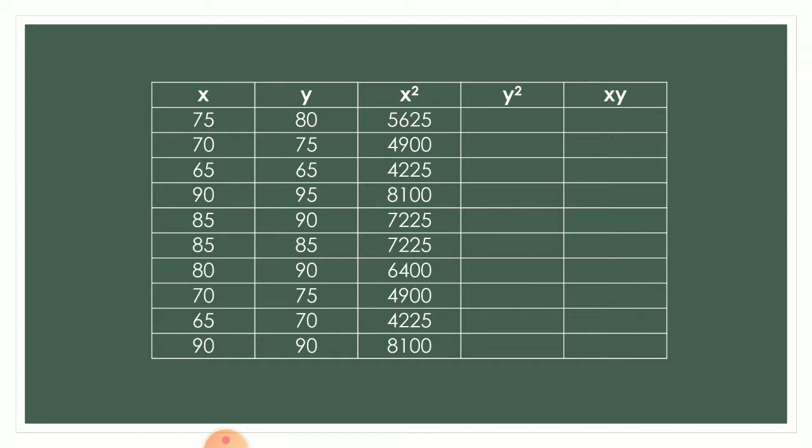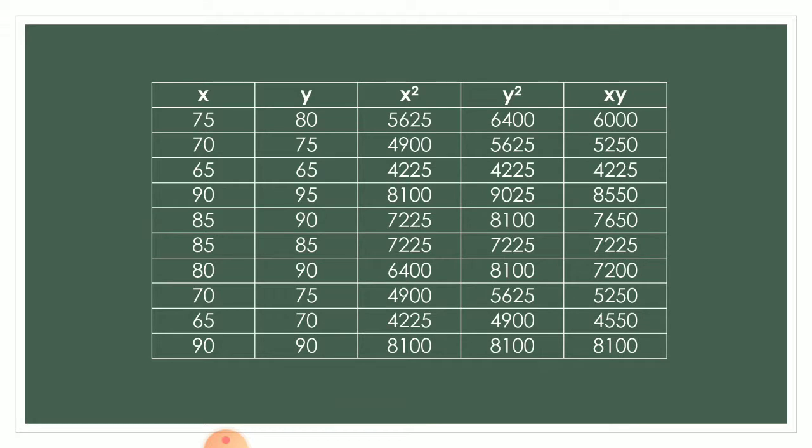Next will be the square of the y variable. That is 80 squared, which is 6,400. 75 squared is 5,625. 65 squared is equal to 4,225, and so on.